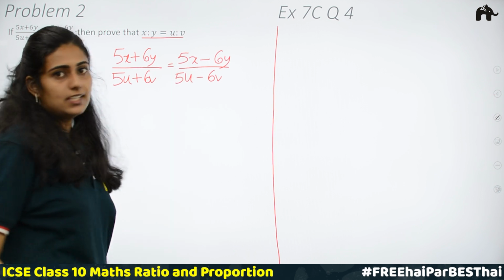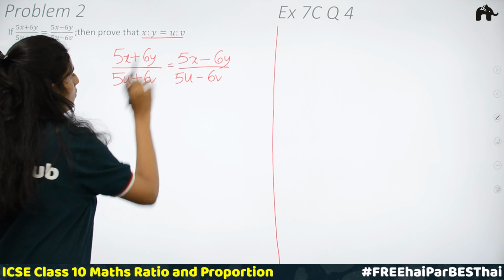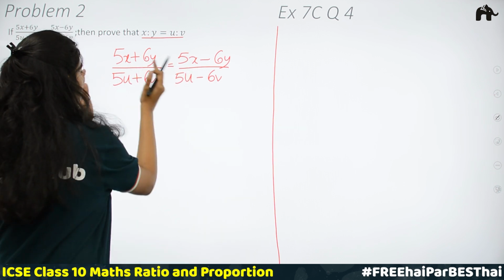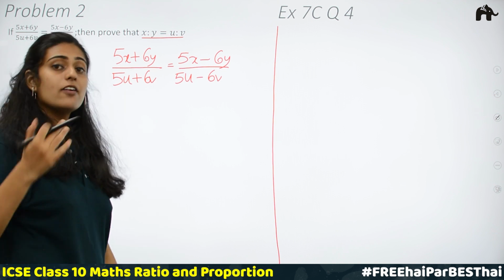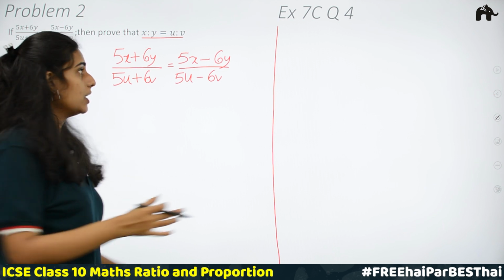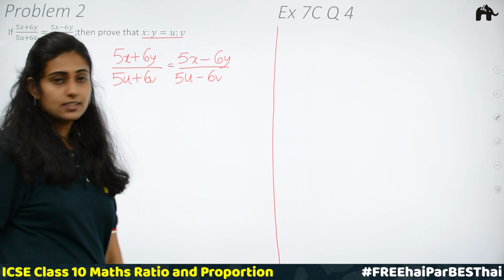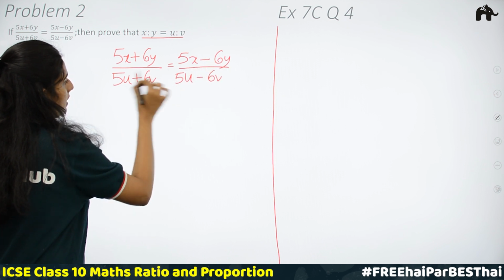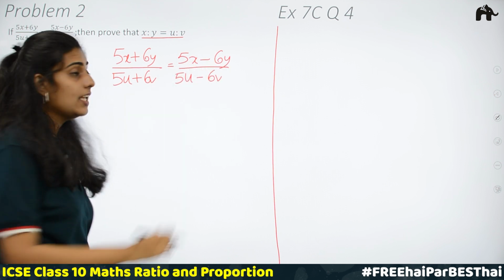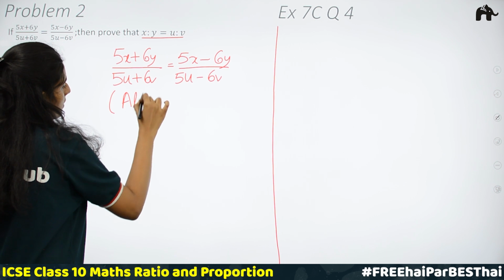To simplify this, we need x and y containing terms on the same side. Only then can we apply the componendo and dividendo property. Here, I am shifting this to this and this to this. That is, I am applying the alternando property.